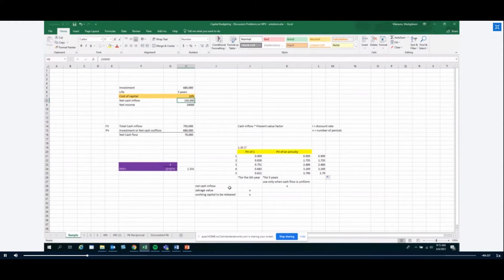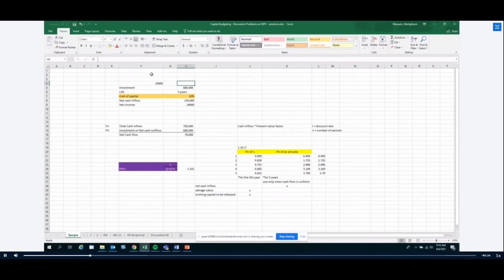So salvage value, di ba, usually we get the salvage value towards the end of the life of the machine. So in this case, mag-assume lang ako dahil walang nakalagay dito. Sabihin natin na in this case, we'll have 25,000 pesos salvage value at the end of 5 years, no?